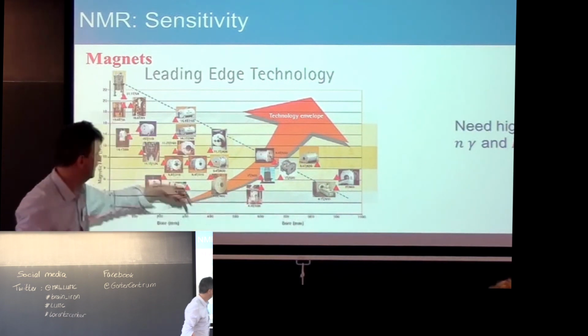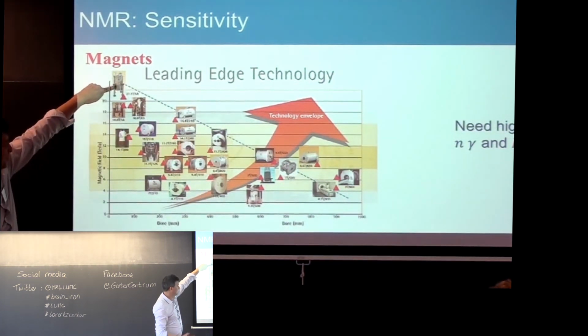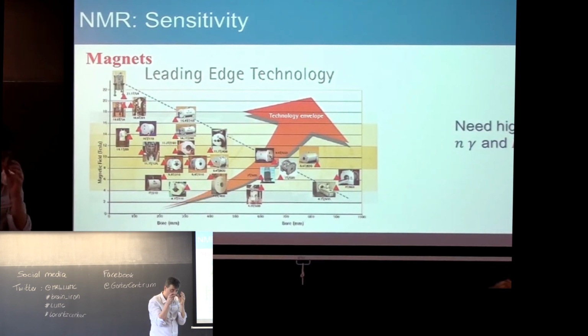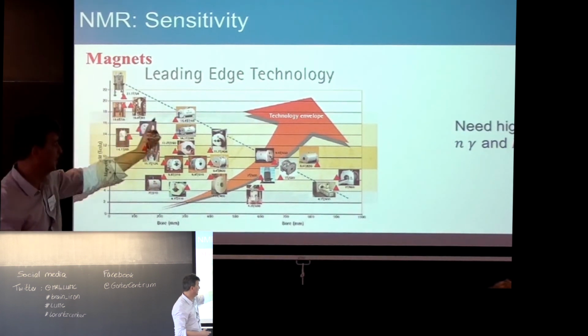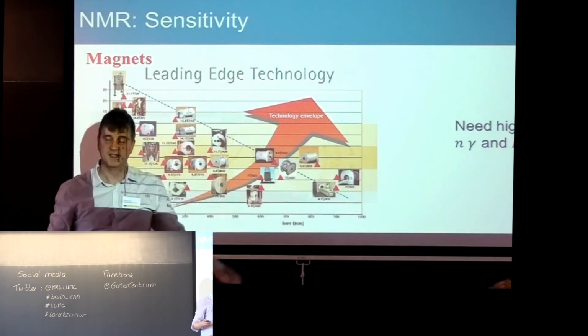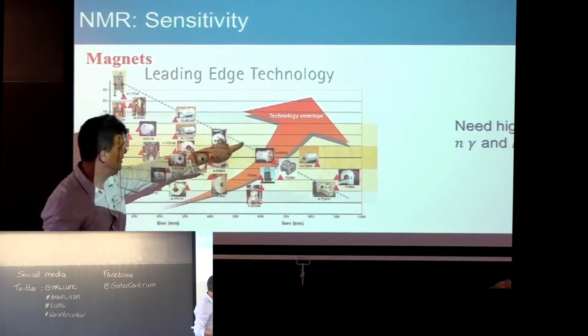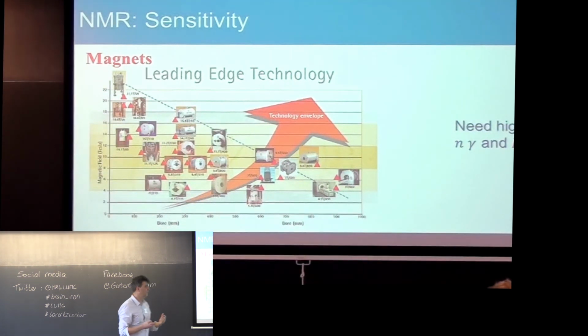This is the leading edge, where you can get to very high fields if you're prepared to have small samples inside a small bore magnet, 22 Tesla at this time. Whereas if you want to look at human subjects, the maximum fields are around 9 to 10 Tesla, but the operational range, most clinical scanners, is 3 or 1.5 Tesla.